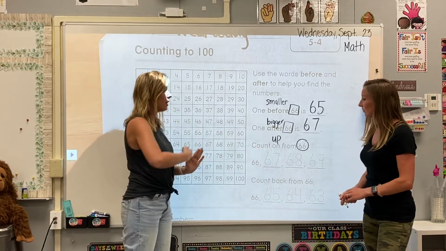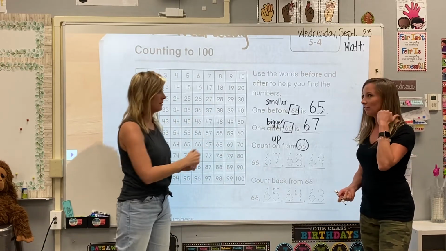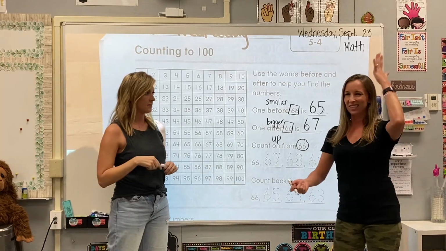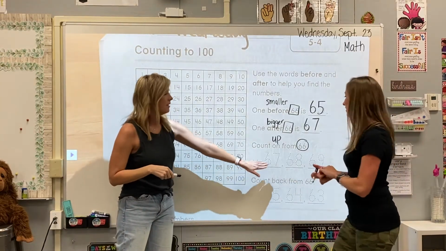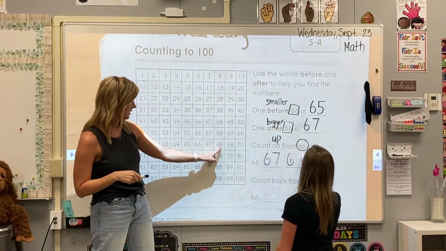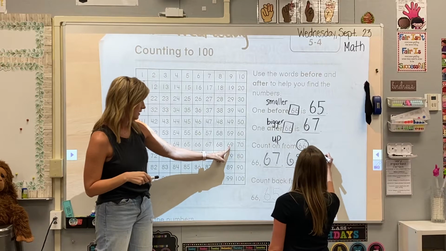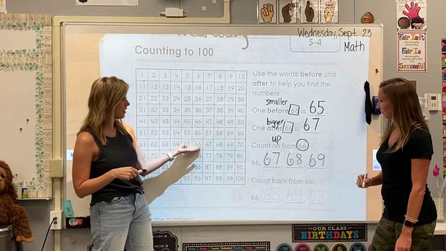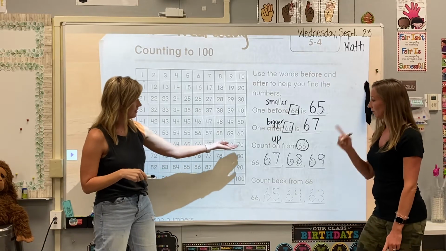We're going to count on, we're going to go higher. It's kind of like when we put one number in our head with addition and we keep counting on. So 66 is in my head, then we're going to go 67, 68, 69. And you can see the same thing on our hundreds chart over here, 66. If I count on, 67, 68, 69.